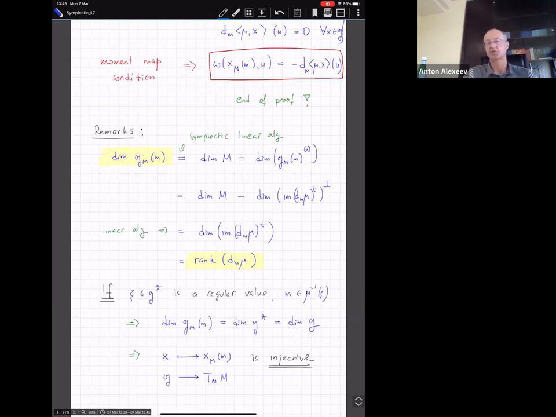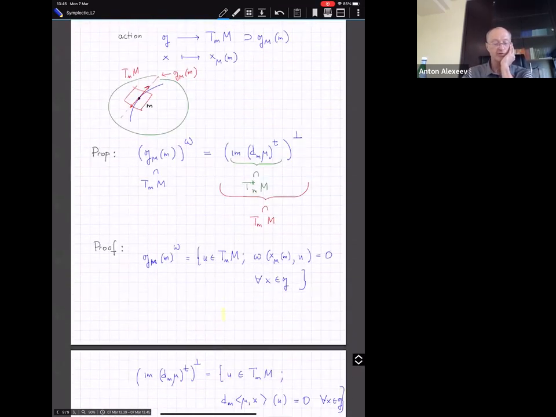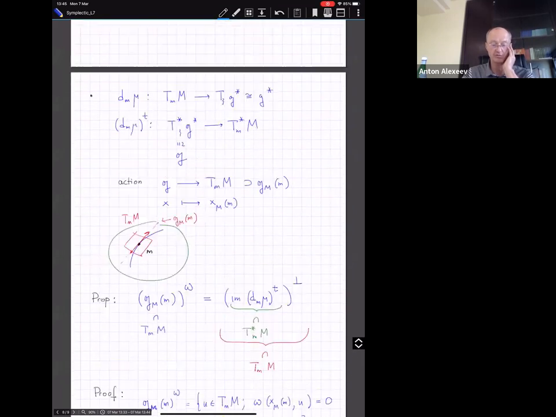So this is a linear map. We know that the dimension of the source is equal to the dimension of the image, so it's an injective map. So you see, sorry for all those technicalities. We'll see that they are very, very useful.